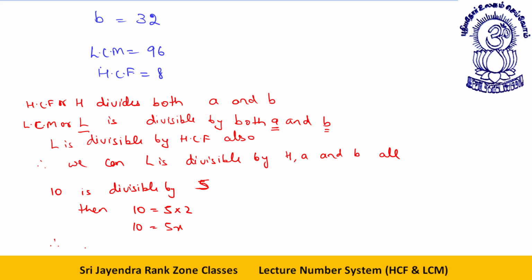So therefore, if I say LCM is divisible by A and B, then I can say L is equal to AX, also L is equal to BY.